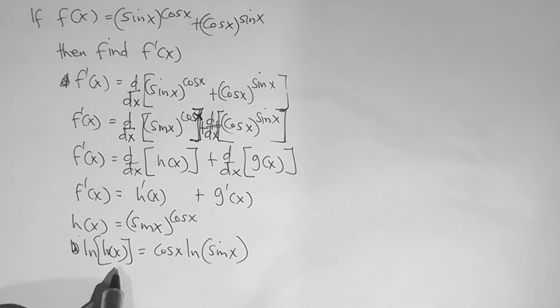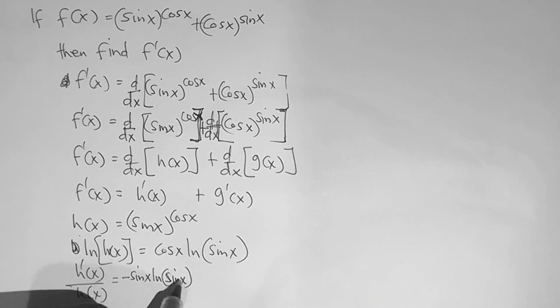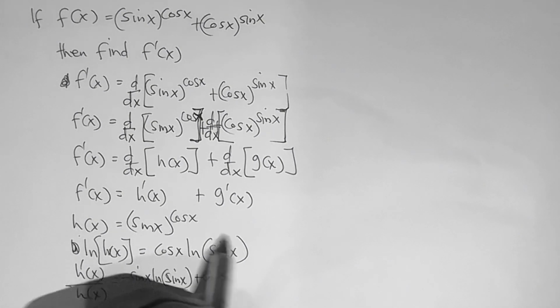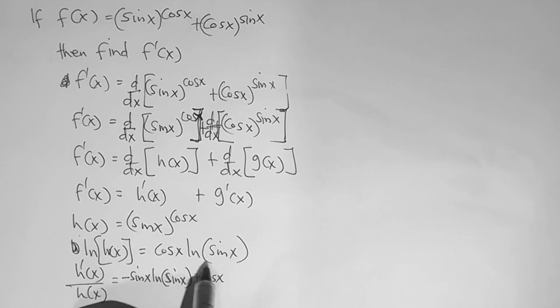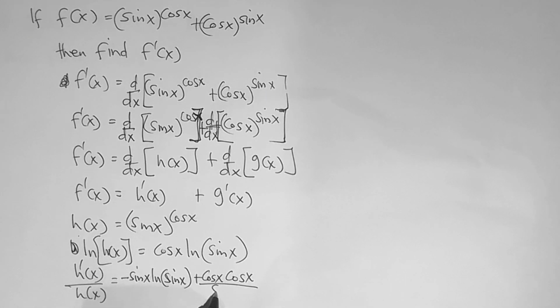So now in order to differentiate, this becomes h prime of x over h of x, then plus, to differentiate this, differentiate cos x, you get minus sine x, then ln sine x, then plus, maintain cos x, differentiate ln sine x. If you differentiate sine x it is cos x, then divided by sine x.